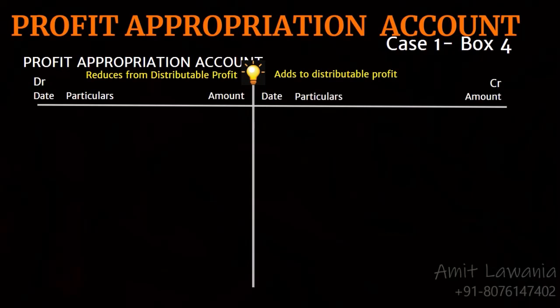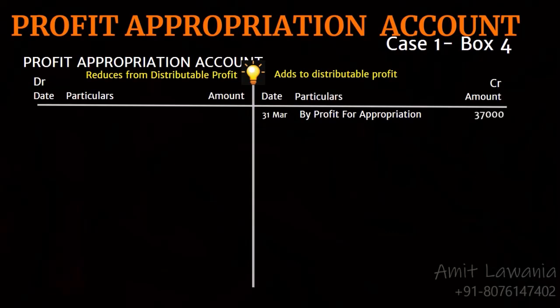So let's start putting the figures. Remember to always start with the date. The first thing we put on the profit appropriation account is the profit or loss that we get from box 1. This is the profit available for appropriation among partners.